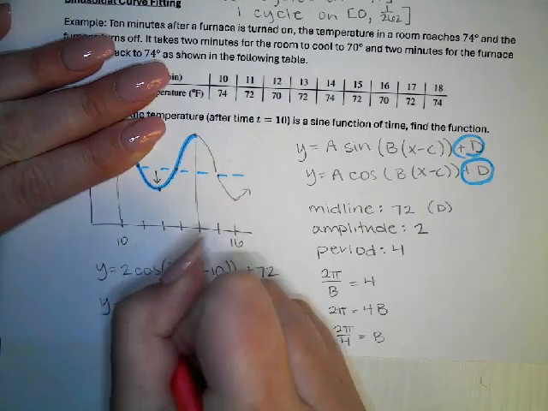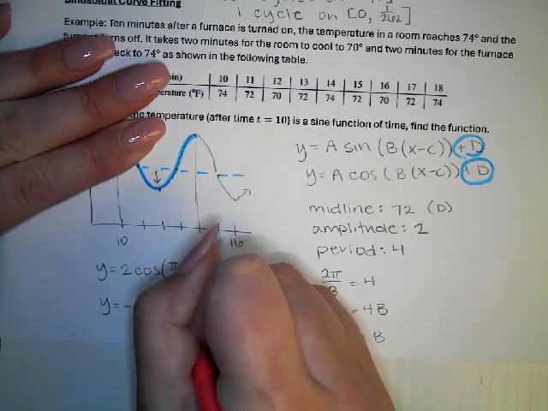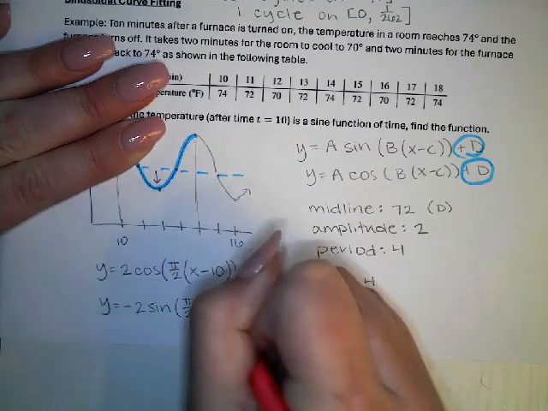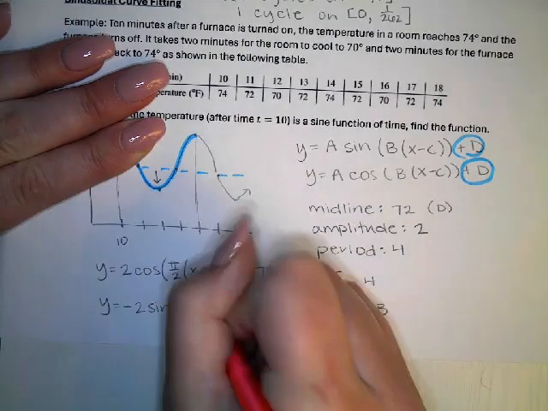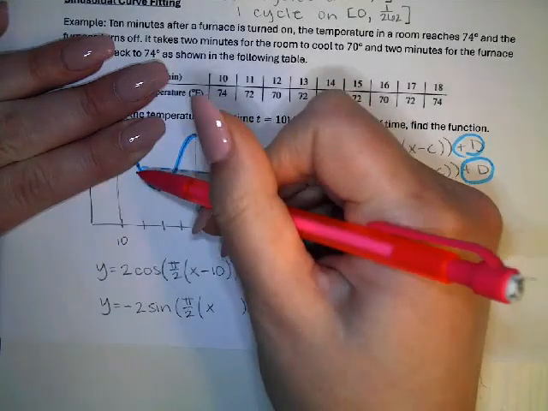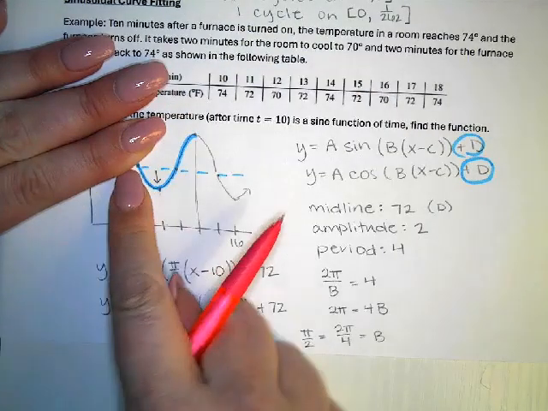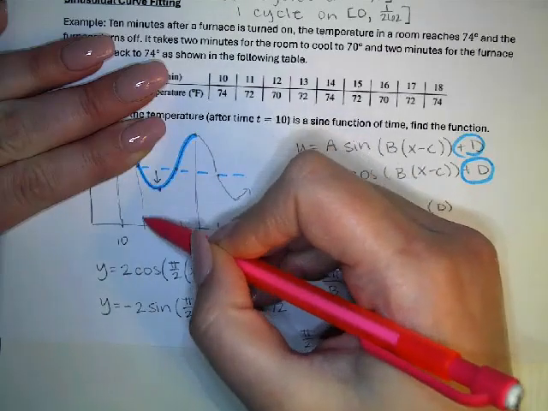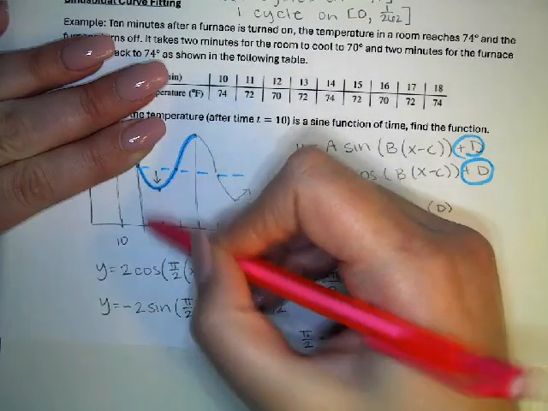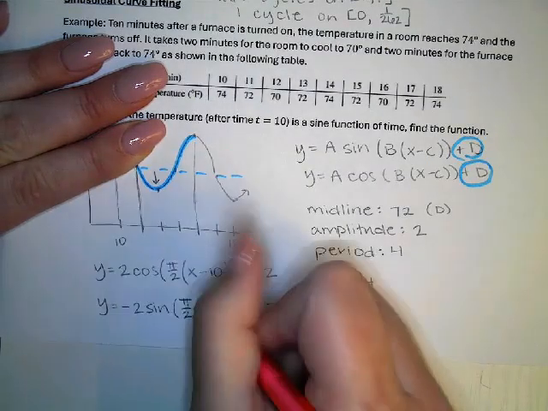I would keep the 72 for the midline the same, and I would say that this graph shifted to the right to whatever number it is that makes the graph start right here. And I think that makes it at 11. It would have to start at 11, or it shifted to the right 11. So this equation would write it if I was doing a sine curve.